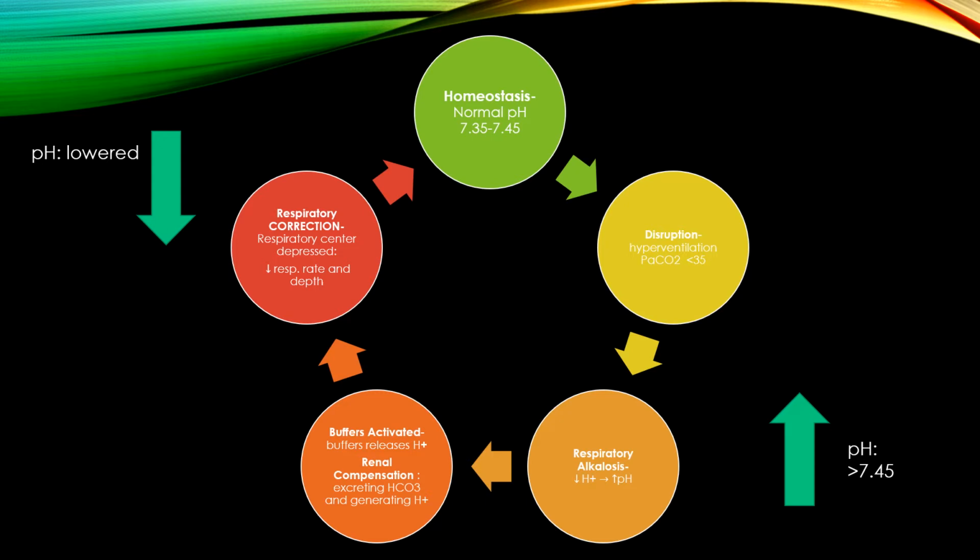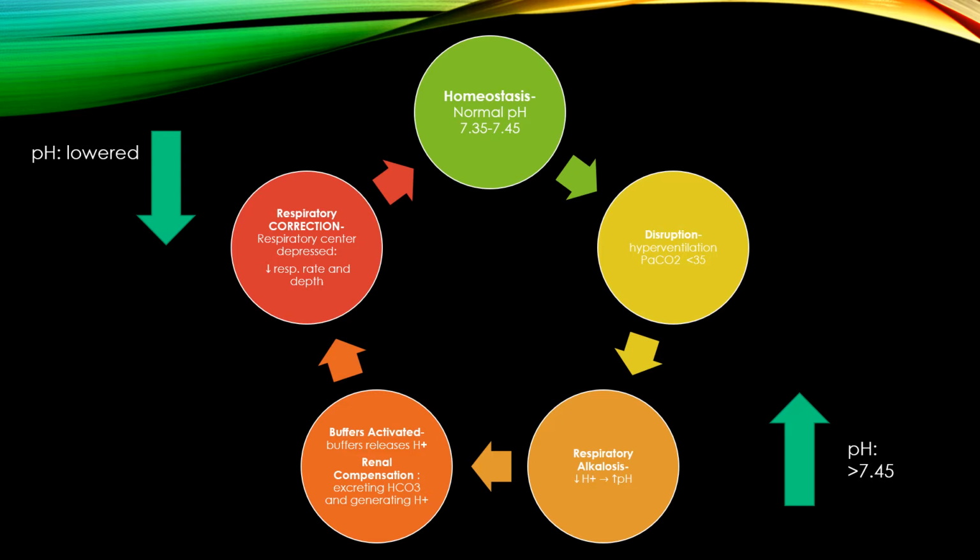The pH is going to correspond by increasing because the amount of CO2 that's in the blood is going to decrease, which is going to decrease the body's ability to make that carbonic acid, which means that we've got more base than we have acid, so our pH is going to rise above that 7.45.